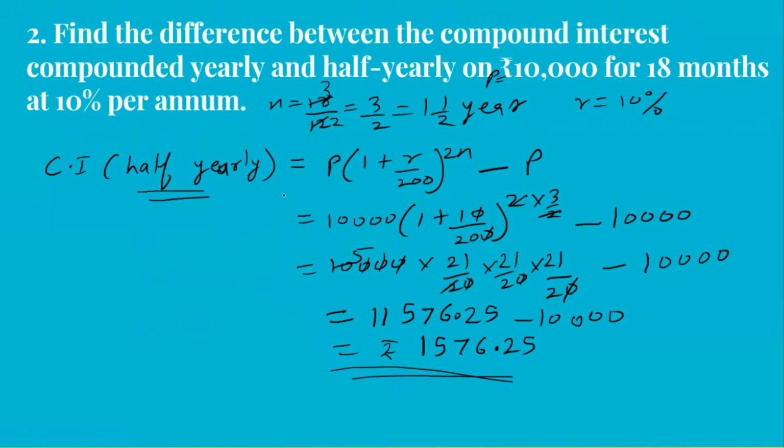Now let us calculate the compound interest annually. For finding the compound interest annually, the period is 1.5 years. So when the period is 1.5 years, we have the formula here.